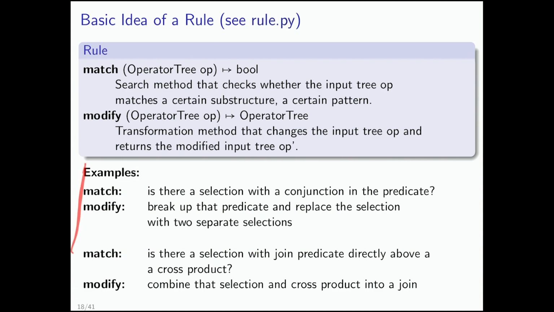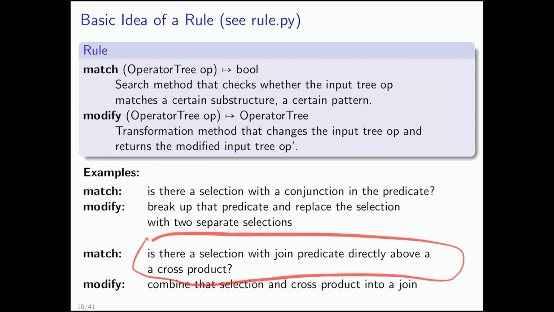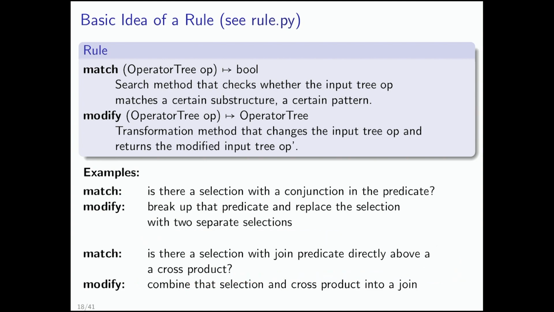For example, the match could be, is there a selection with a conjunction in the predicate? There's an A and B, for instance, in the predicate of a selection. That could be the single match operation. Or is there a selection with the join predicate directly above a cross product? That might be indicating something like you could rewrite to a join later on. But that's the check you're doing.